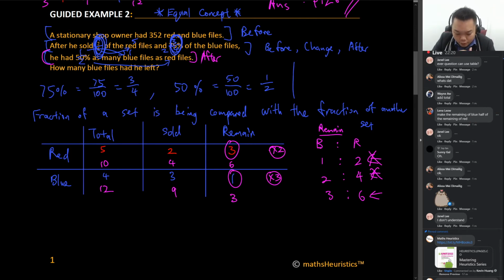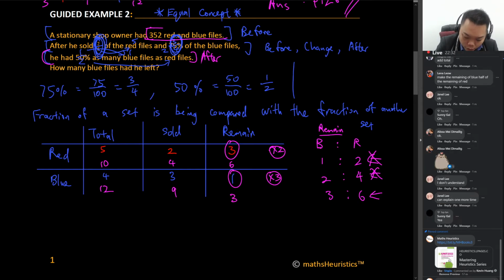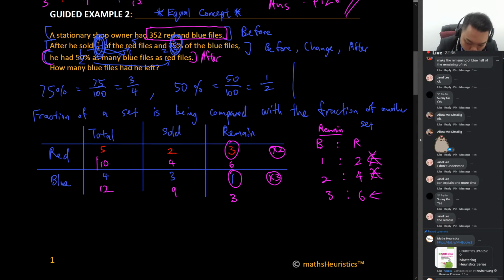So now that we've obtained this ratio of 1:2, we want to look back at the question for further information, and we see that the stationery shop owner had 352 red and blue files. So we will make use of the total number of units here.